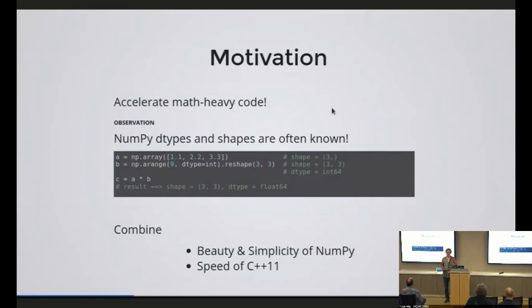So it's something you could give to a compiler without having to add any other information than what's already there. And so what we're trying to do is combine the beauty and simplicity of NumPy and the speed of C++11.